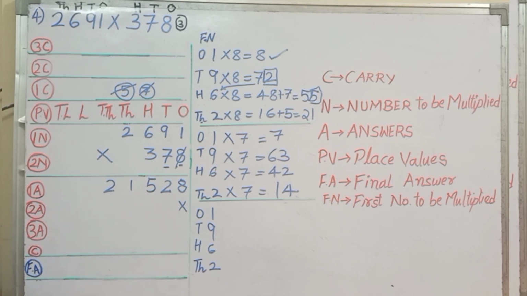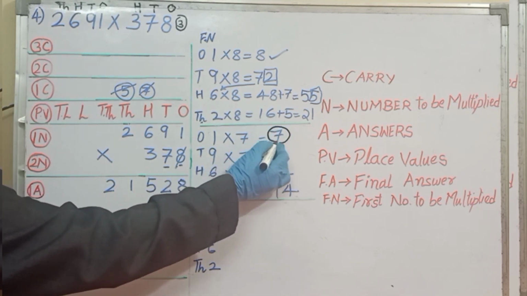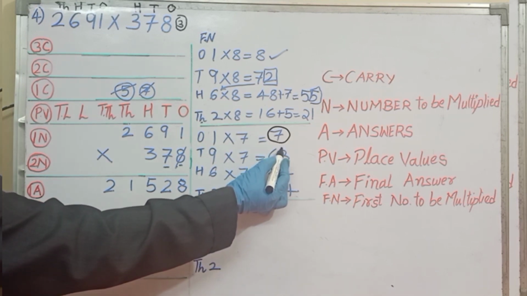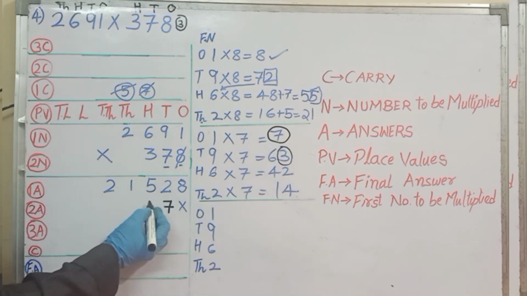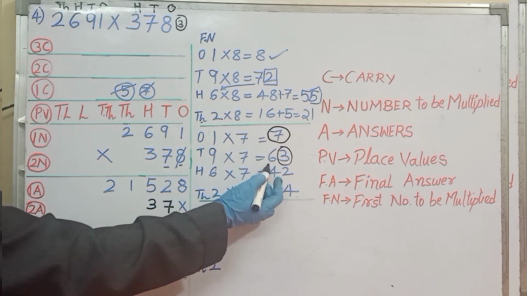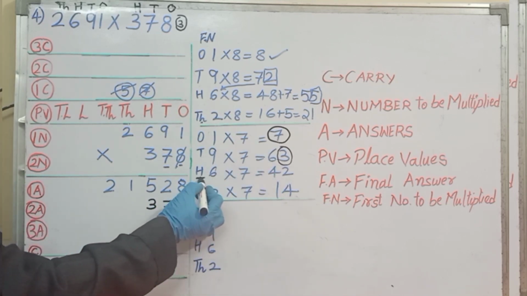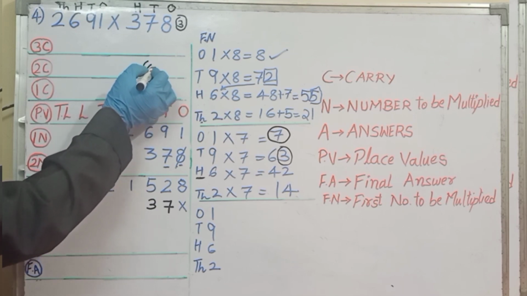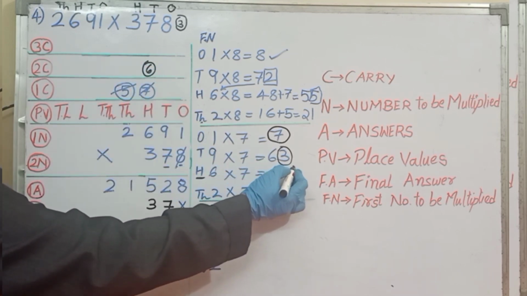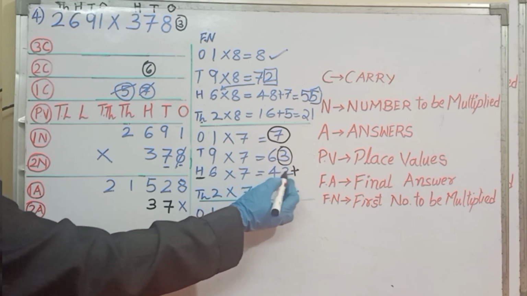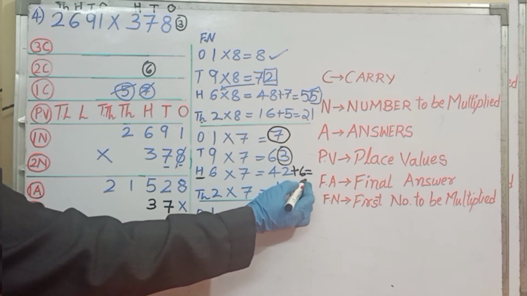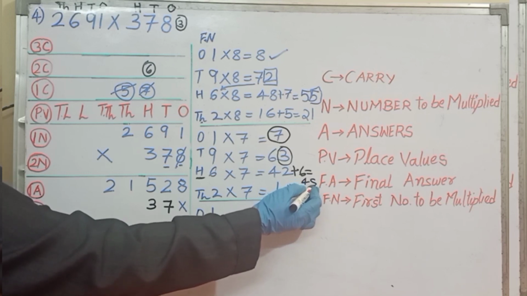Okay, so the first number is 7, so I'll write 7 here. The next number is 63. Only the one's place number will be written here, and this 6 will go as a carry to the hundreds place. So above the hundreds place, I'll write carry 6. That is, to the answer of this 6 7s are 42 plus 6. 42 plus 6 is 48.